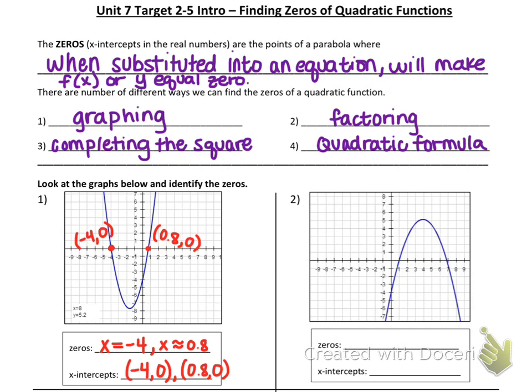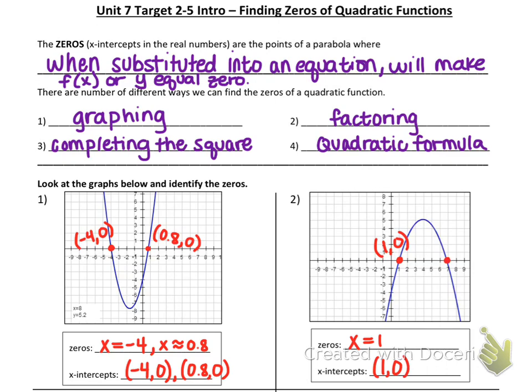In our second example, again, we're looking for where this blue curve crosses the x-axis. So our first point is at (1, 0). So the zero is our x value of the x-intercept, so x equals 1. The x-intercept is (1, 0).